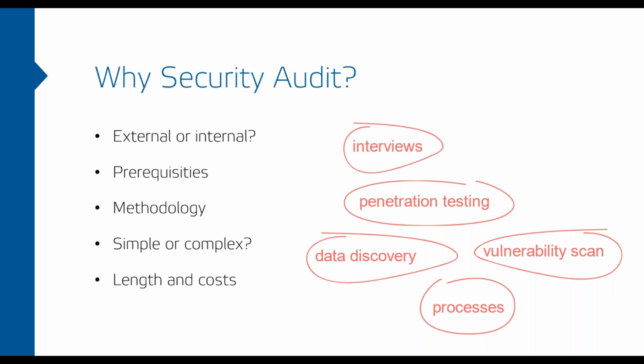So should it be external or internal? That's a very important question, and I would say both, because we need an external opinion. We need external experts to tell us what we are doing wrong. To be honest, we are usually not honest with ourselves, and we try not to see some of the problems we might have in the company. What we can do internally in terms of security audit, and this is what this webinar is about, is run it regularly.